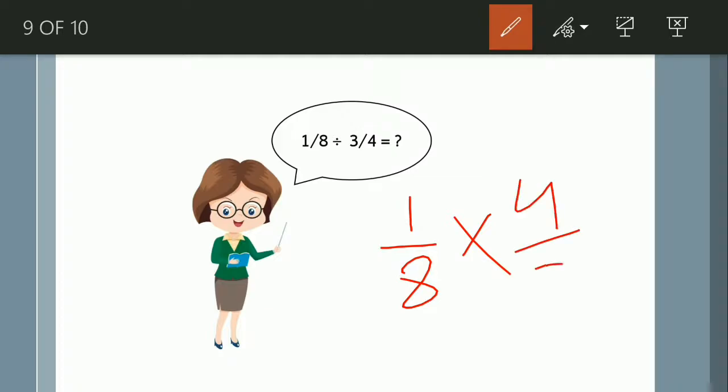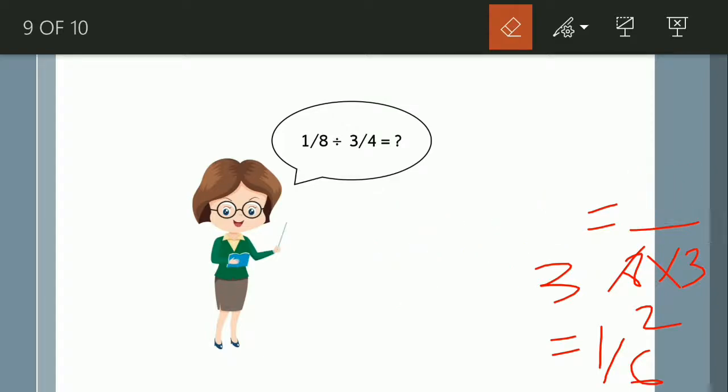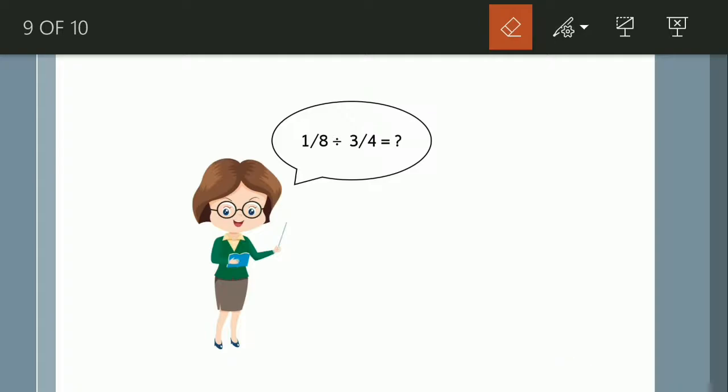Good. 4 by 3. Then multiply it, 1 into 4 by 8 into 3. Good. Then simplify. What we get? Very nice. 1 by 6.